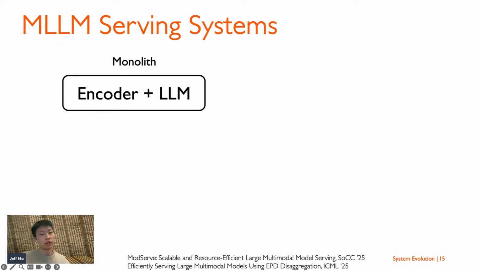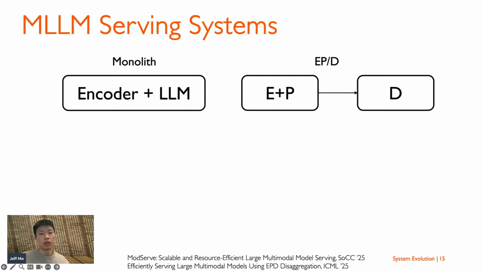But since there are essentially three parts, or three phases, encoding, prefill, and decode, people also explored how to slice them or put them into different workers. For PD disaggregation, the encoder just lives together with a prefill worker, because the encoder only needs to run once before prefill. This option I'll denote by EP/D.